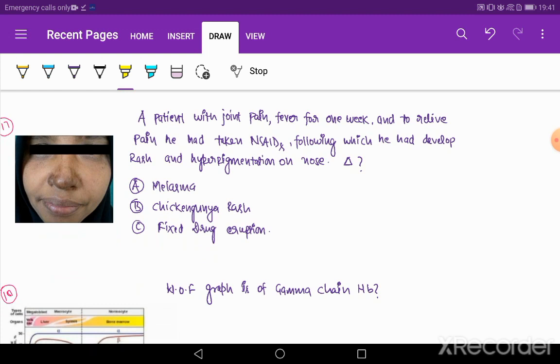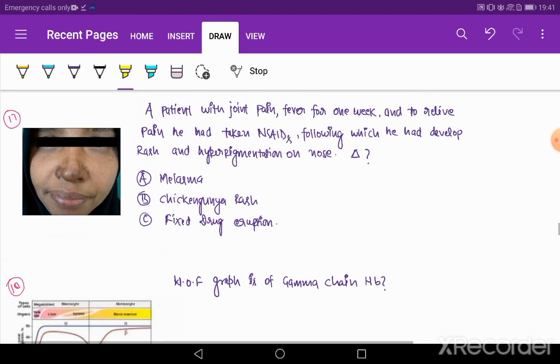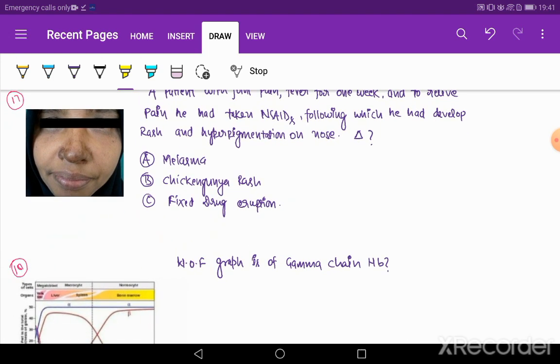Our next question: a patient with joint pain and fever for 1 week, and to relieve the pain he had taken NSAIDs, following which he developed rash and hyperpigmentation on the nose. This question is asked many times in AIIMS, and this is chikungunya rash.